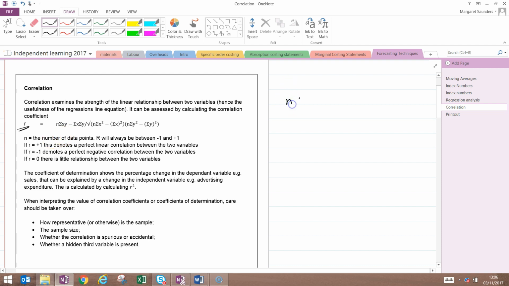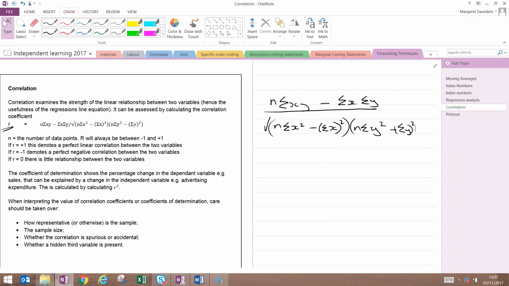So we have n sigma xy minus sigma x sigma y, divided by the square root of n sigma x squared minus sigma x squared, and this is all multiplied by n sigma y squared minus sigma y squared. As before, n is the number of sets of data that we have.